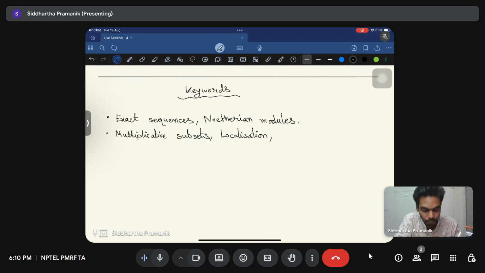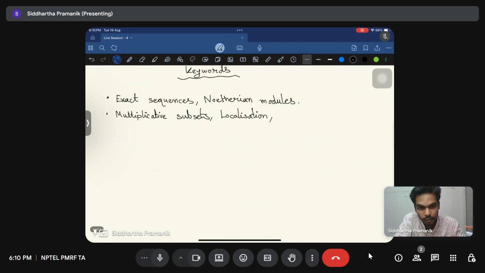And we have seen some properties of this localization. And then we have seen one special type of ring known as local ring.